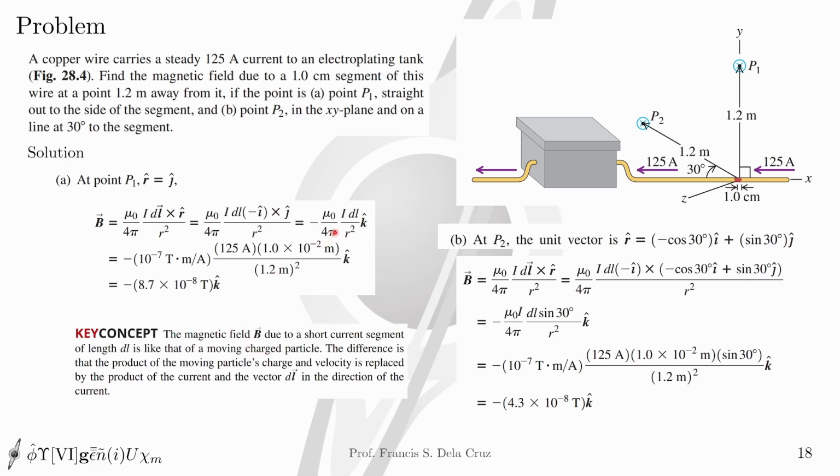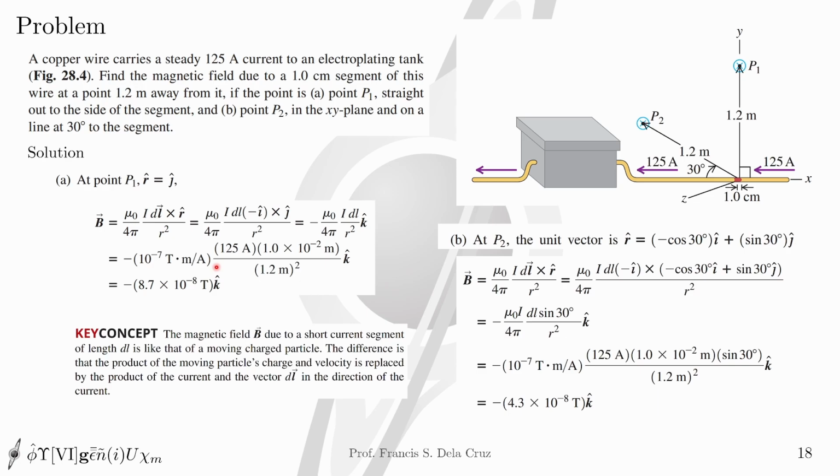You can also check, class, that mu naught over 4 pi is equal to this. You want to check that too. Take note that mu naught also has an equivalent value in Tesla meter over ampere, which is 4 pi times 10 raised to negative 7.